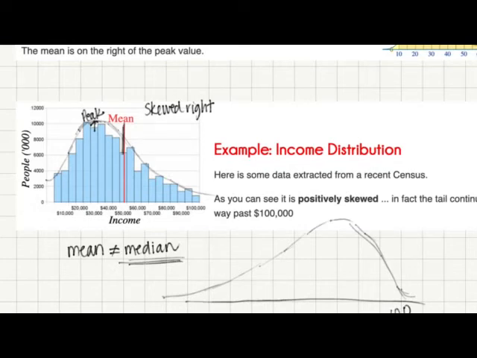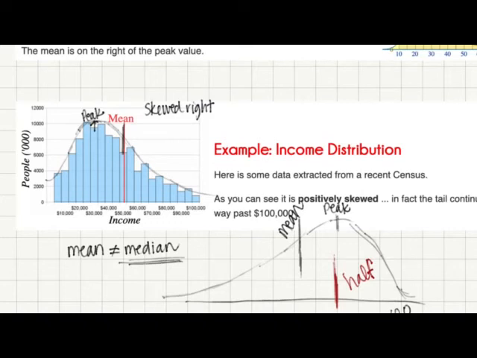So we want the mean to be to the left of the peak. Now, what that means is, here's our peak. What that means is that our median is to the right of the mean.